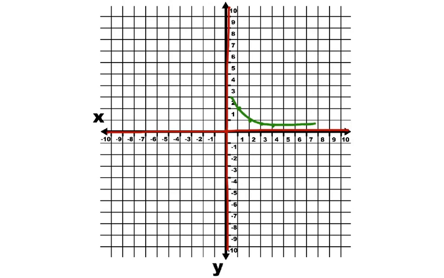Now let's graph again. I have negative 1, negative 2. I have negative 2, negative 1. I have negative 3, negative 2 thirds, negative 4, negative 1 half.